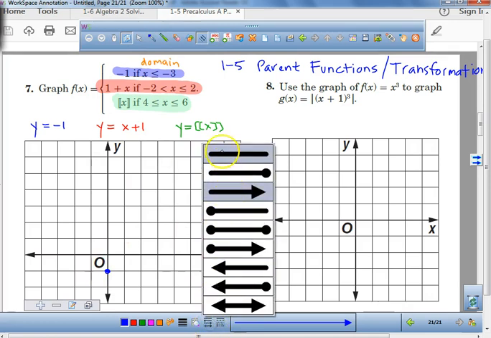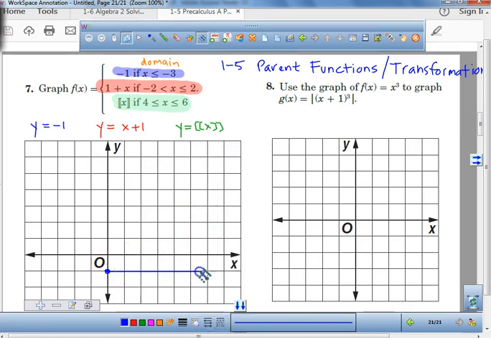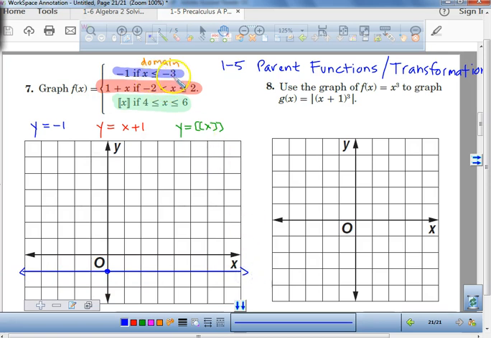A nice line that goes all the way across like that. So on your paper, don't do it in pen or anything like that. This right here is without the domain being limited.